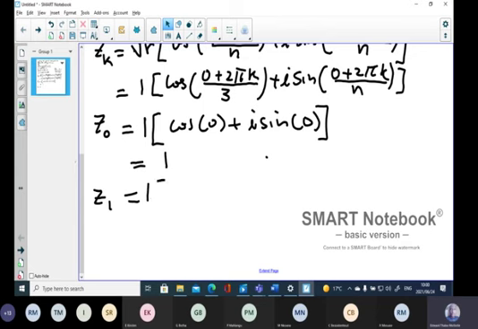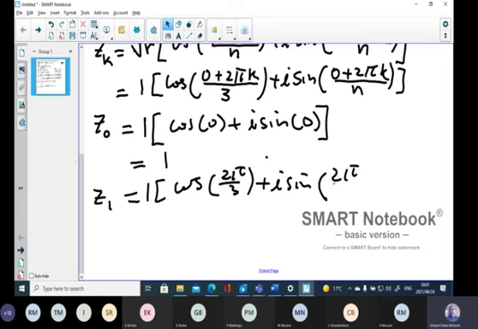So I have 1 times cos of 2 pi over 3 plus i sin 2 pi over 3. And then you punch your calculator. From my calculator, my answer is minus 1 over 2 plus i root 3 over 2.